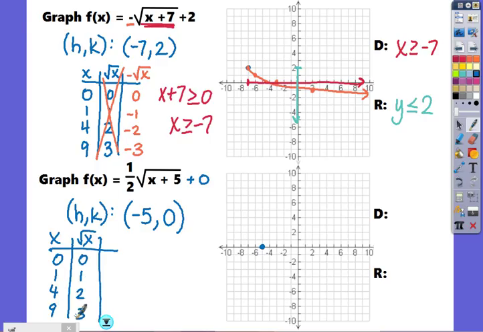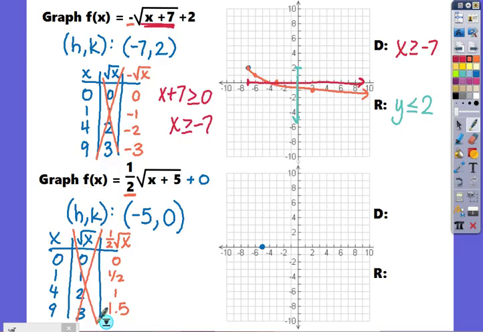We'll get really good at taking some nice square roots. And this time, I probably shouldn't call it my slope, but my A value is probably what they call it in the book. I'm going to half each of those original square root values. So half of 0, half of 1, half of 2, and half of 3. I can ignore that parent function because I got my use out of it.